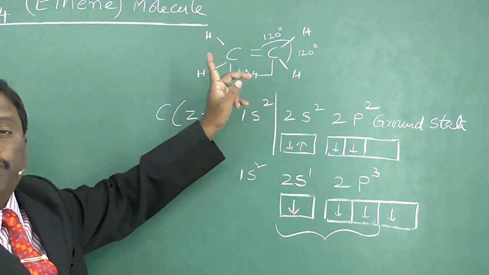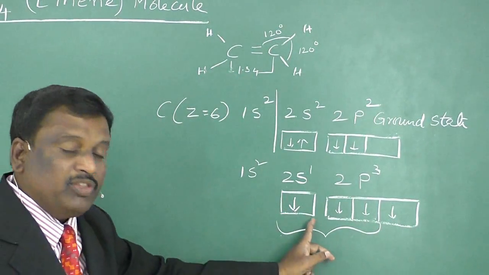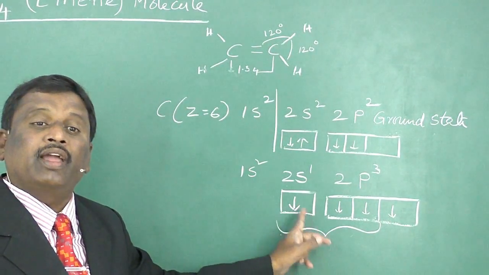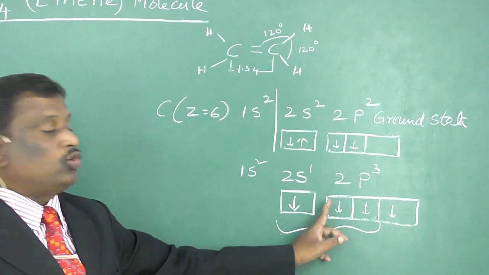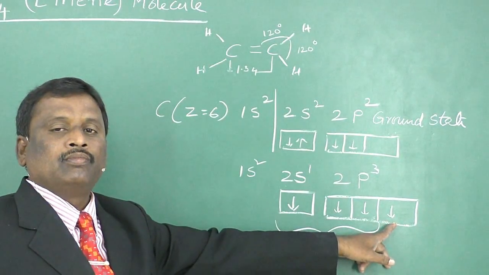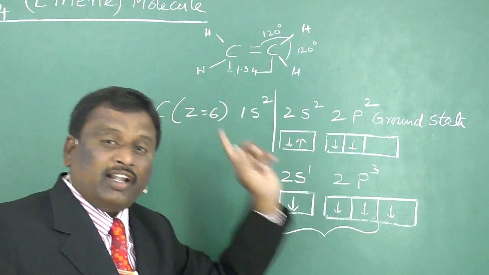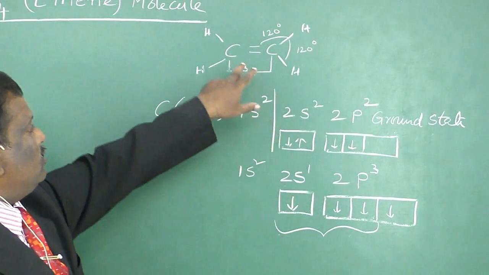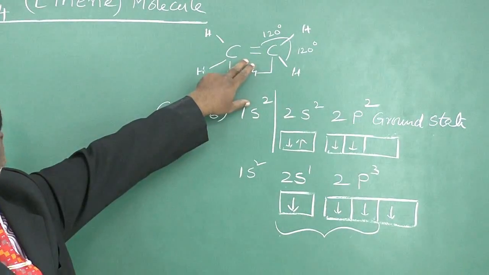This structure is possible only when this is possible. That's why you have to be satisfied with my argument. You should not ask me why that p orbital is not involved. The only reason is to have this structure in C2H4.